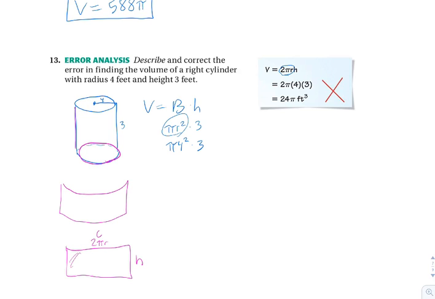So they found the lateral area of a cylinder by multiplying the circumference times the height. They found a 2D area, and it happened to be the lateral area of the cylinder. But we wanted the volume, so they should have used the area of the base times the height.